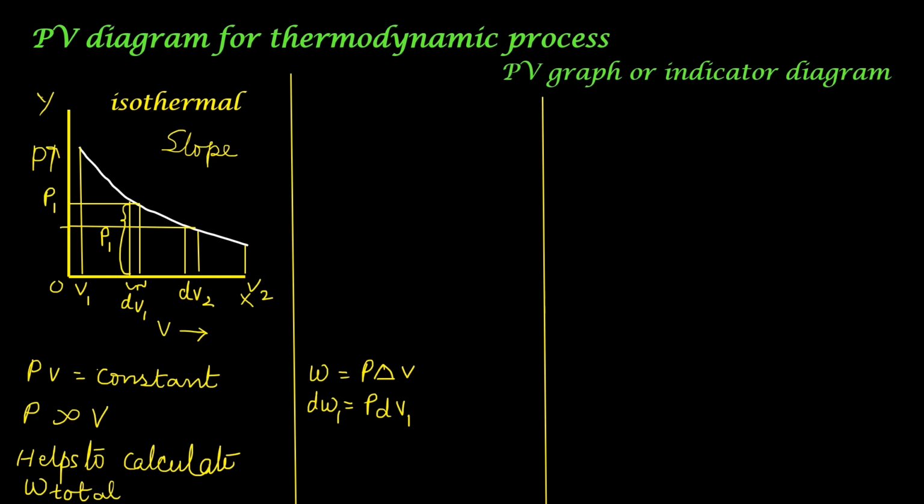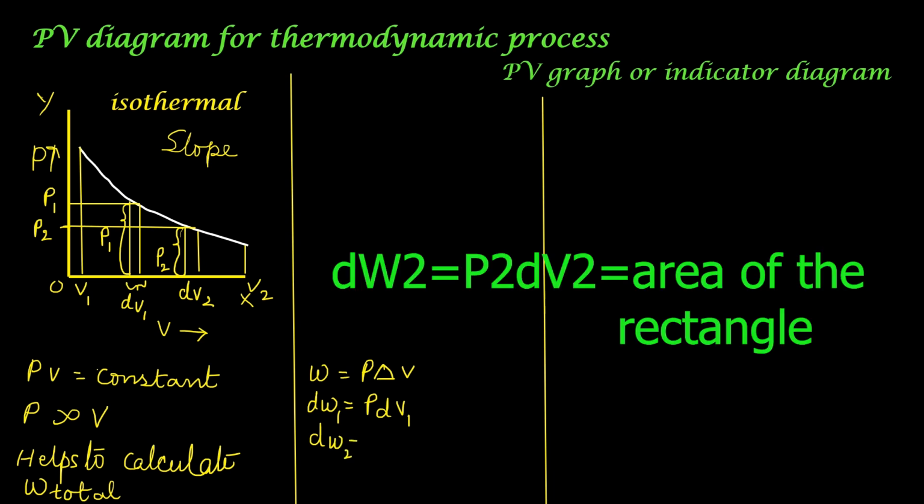We can mark this as P2. So this distance is P2. This gives another rectangle with sides P2 and dV2 and is smaller than the first rectangle. Work done for the expansion dV2 can be written as dW2 is equal to P2 delta V2. From the diagram, we can understand that it will be equal to the area of that rectangle. I will make a note of that here.